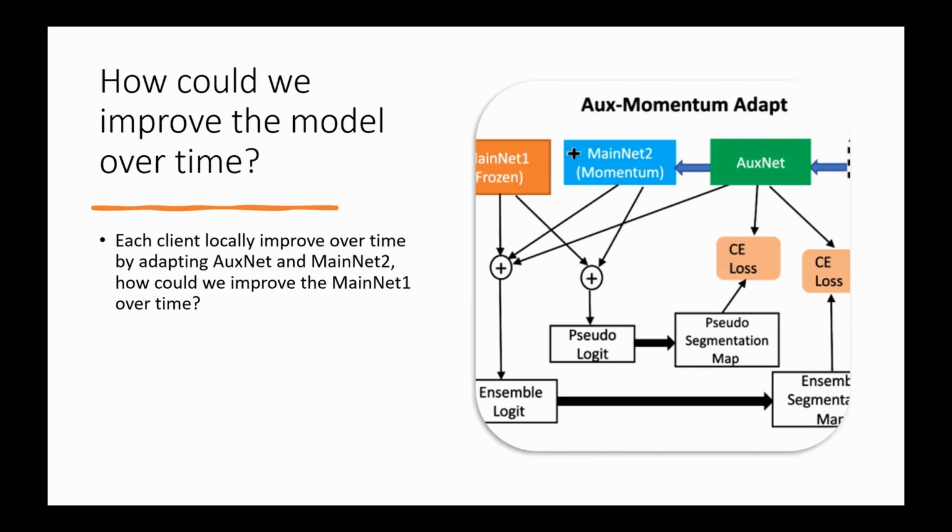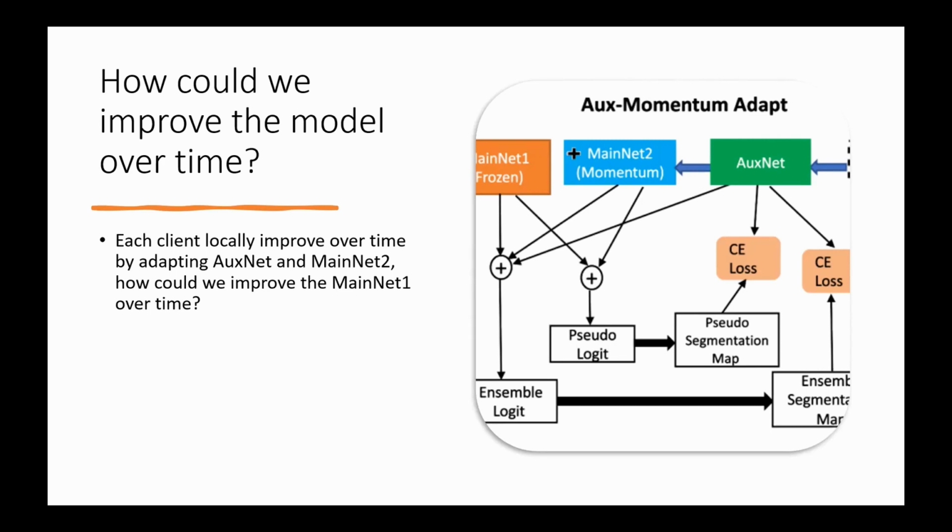Probably the answer here would be using some sort of federated learning. Of course, in the system, it would not be a simple averaging, because, for instance, the mainnet 1 parameters are not modified, whereas the mainnet 2 and the AuxNet are modified.